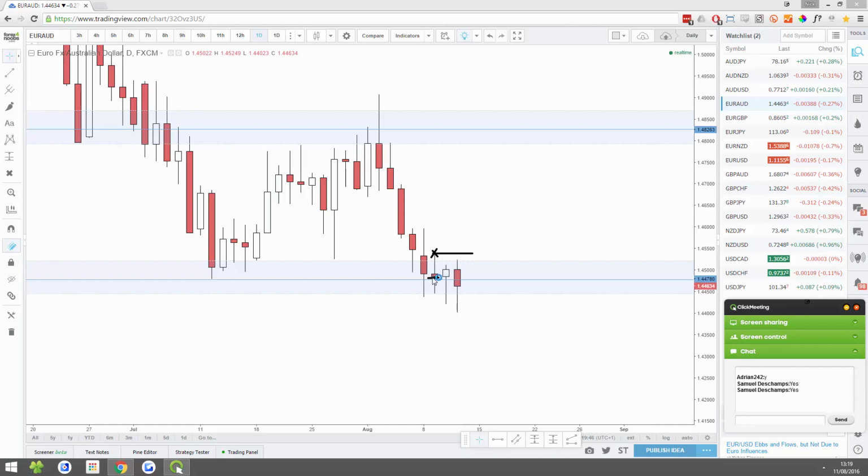Price came down to here, pushed back up, came back down, and then it was here for 2 days. So if buyers were able to push all the way up to here and break this high, that would show me that they have actually gained some significant ground against the sellers, and that the buyers are actually quite strong.